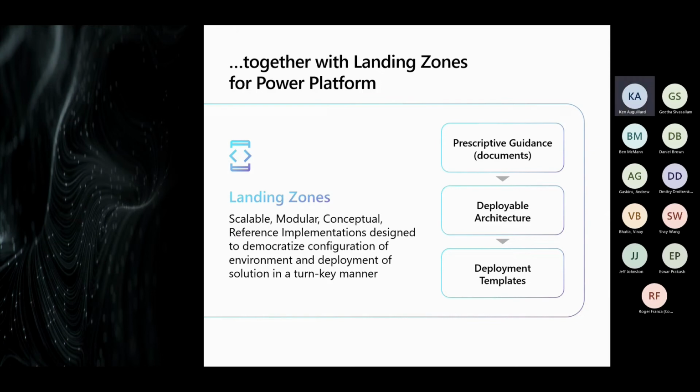So what does this look like? So together with all of the different things, right, all the different things being Azure, M365, Power Platform, security, and whatnot within the stack, right?